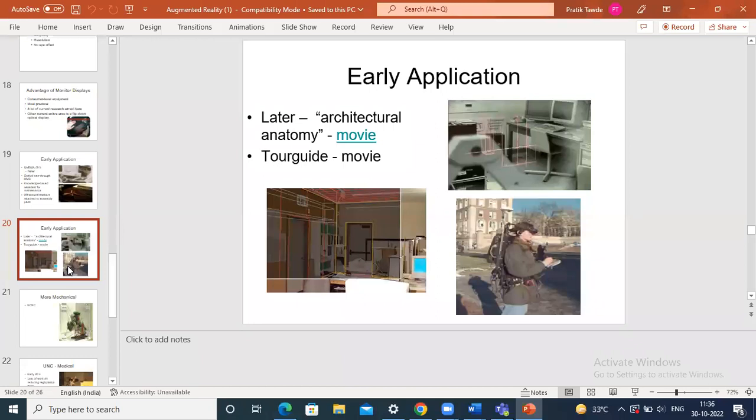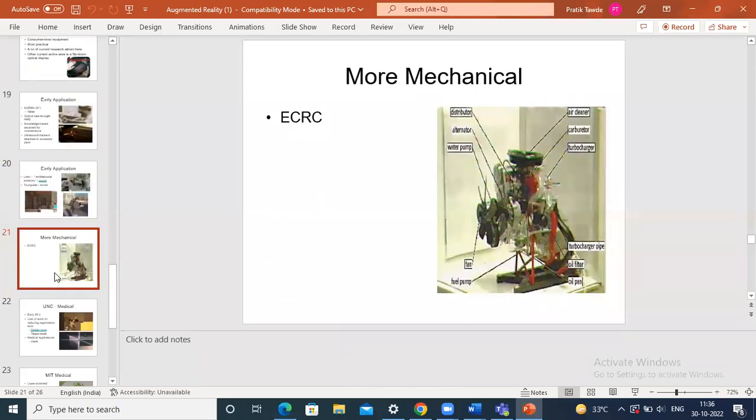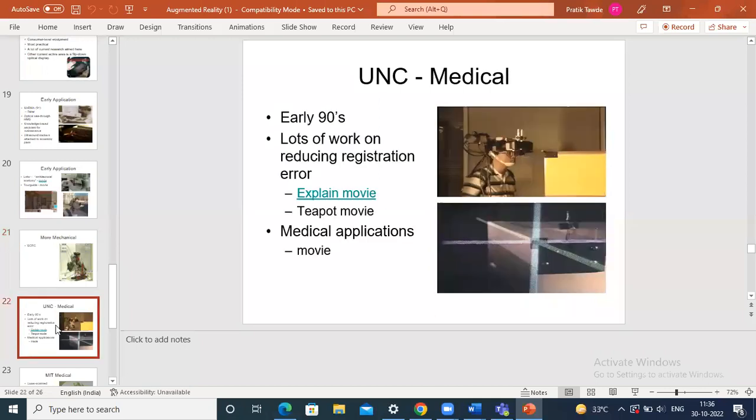These movies are basically developed or implemented using AR and VR, that is augmented reality and virtual reality. There is one more application as far as mechanical background is concerned, that is ECRC. You can see how exactly the mechanical application can be implemented, that is ECRC, using AR VR technology.